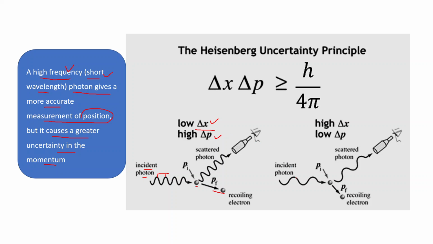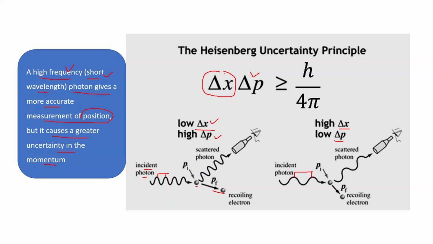On the other hand, if we use a photon of higher wavelength, see from this, when wavelength is high, then uncertainty in position is high, but uncertainty in momentum is low. Is it clear? It means if we find the position of the electron with less uncertainty in position, then there will be larger uncertainty in momentum.